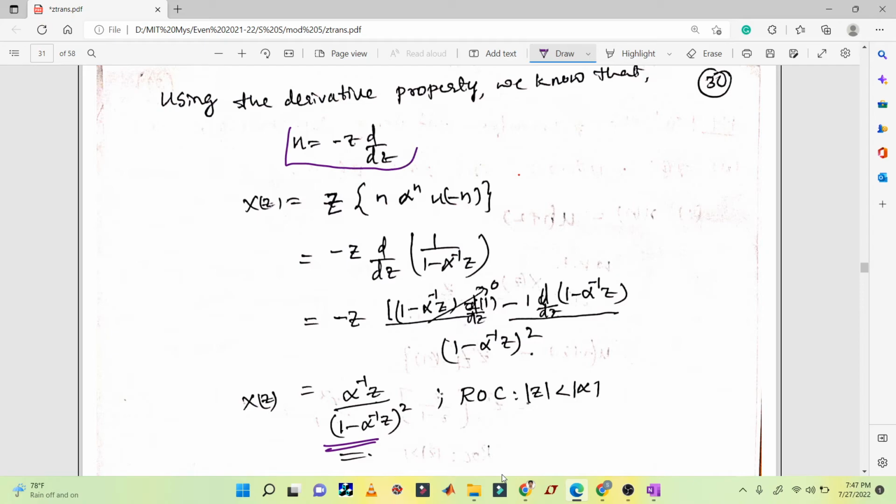So go through this problem. This you have to remember: multiplication by n means minus z into d by dz of x of z.